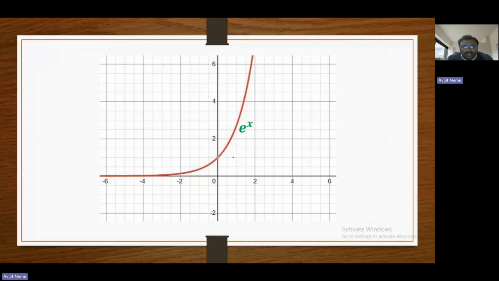This is not a restriction, but I have considered this part of the diagram because you can draw this graph for the entire real axis. From this diagram, one thing is clear: this graph is increasing. If I consider x values from negative to positive, it is increasing.